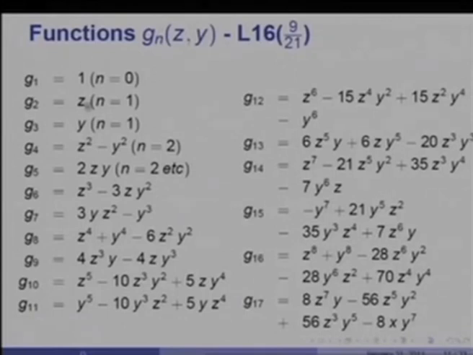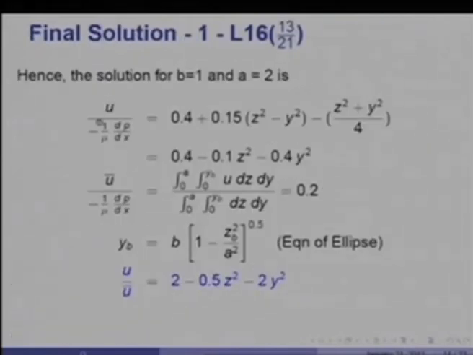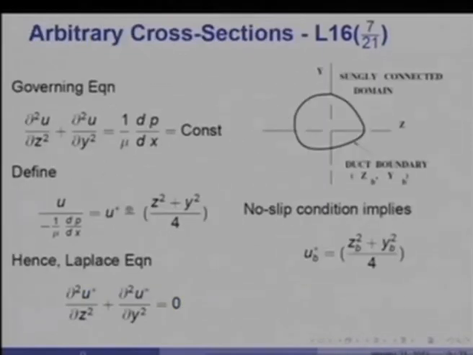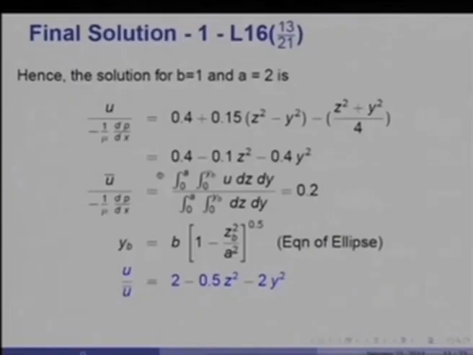G 4 was z square minus y square, and therefore, the solution is 0.4 plus 0.15 into z square minus y square, minus z square plus y square by 4. u equal to u star plus z square plus y square by 4, and we found u star from the analysis. So, u itself becomes 0.4 minus 0.1 z square plus 0.4 y square.